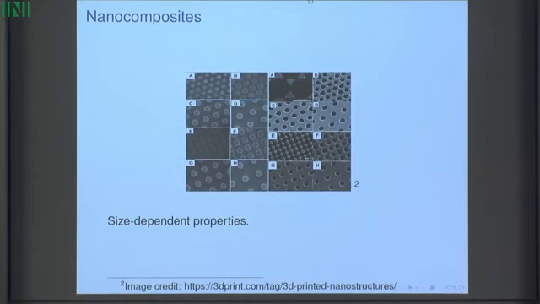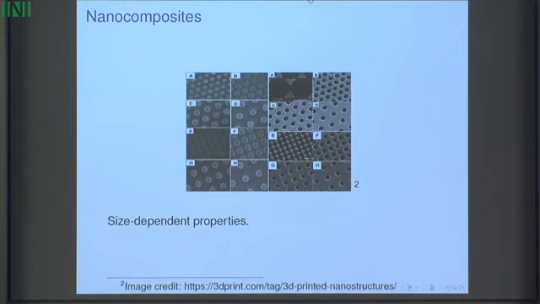And one of the things which has been noticed for problems at nanoscale is that they are very much size dependent. So if your structure becomes smaller, so for instance, these cylinders, inclusions here become smaller, then the properties of the structures change depending on this size.